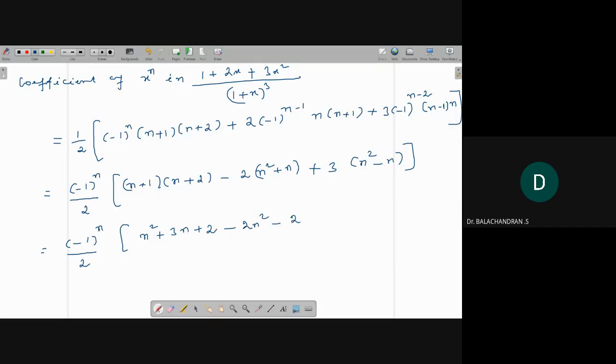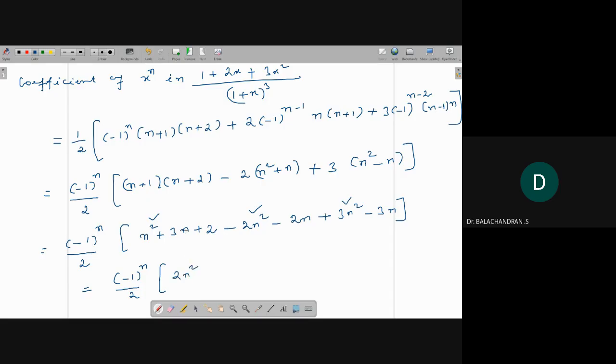minus 2n square minus 2n plus 3n square minus 3n. So if you simplify, you'll get minus 1 whole power n divided by 2. How many n square? 4 minus 2, 2n square.